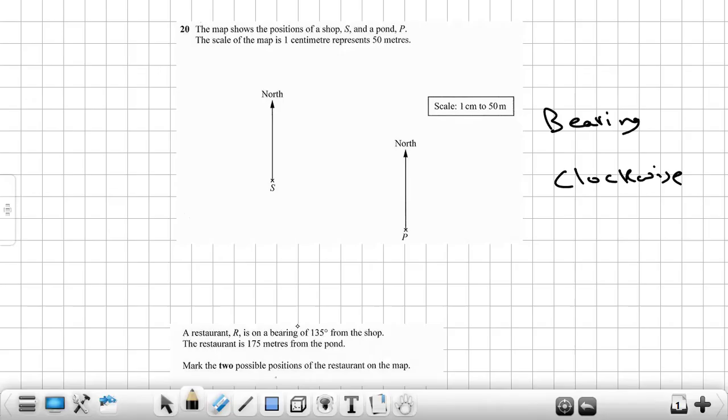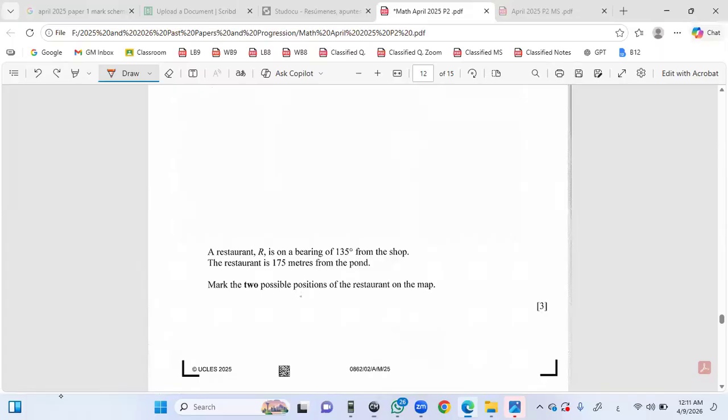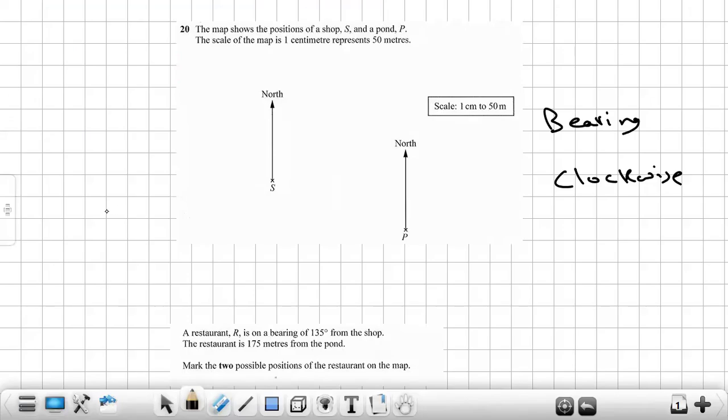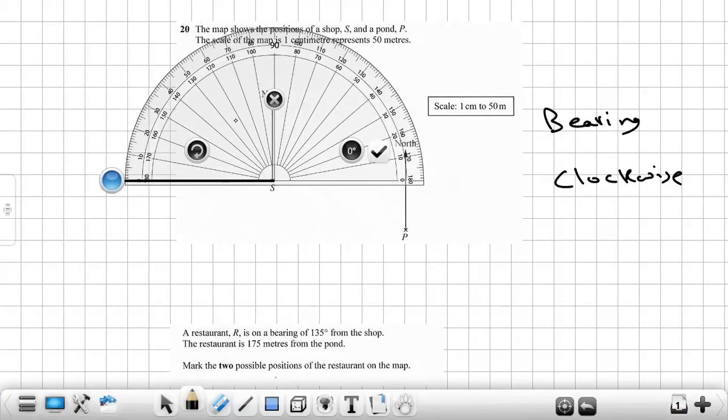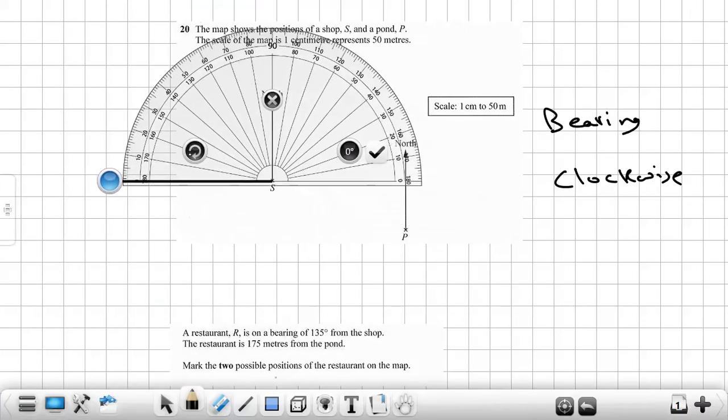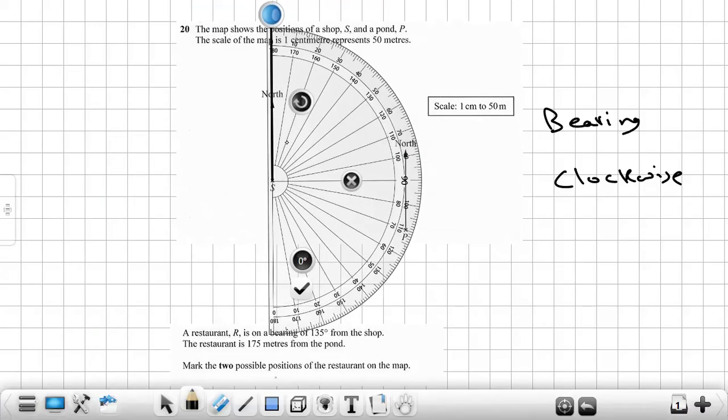So 135 degrees clockwise, I'm going to get my protractor. And then I start measuring clockwise from the north, the zero, which is the number that is outside, until I reach 135.